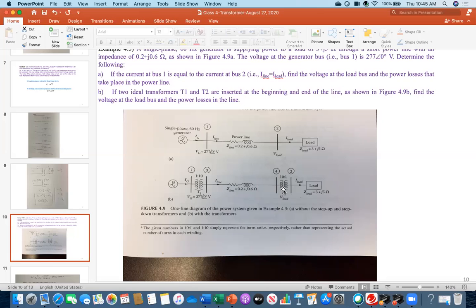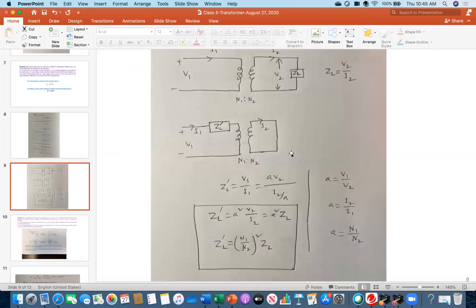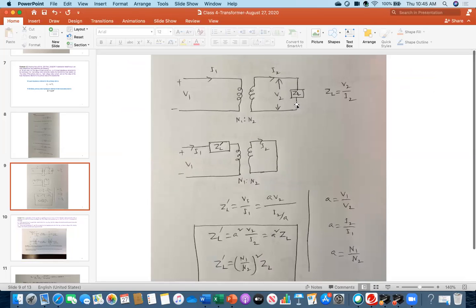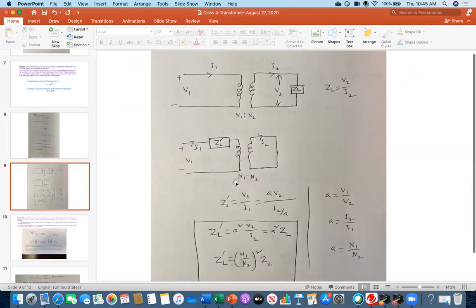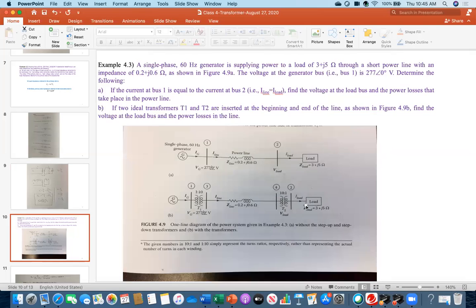You know there is a transformer here. You transfer this impedance to this side. You had an impedance, you transfer it to the primary side. Apply this equation. Do you understand, everybody, what I am telling?